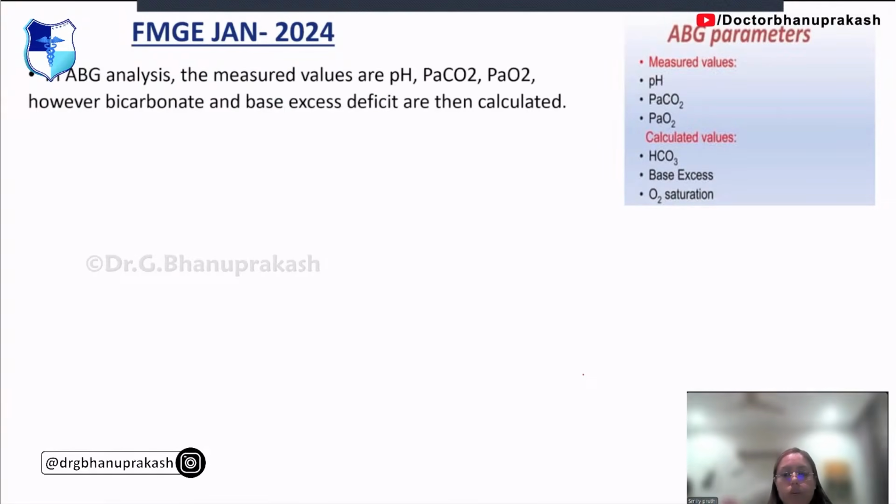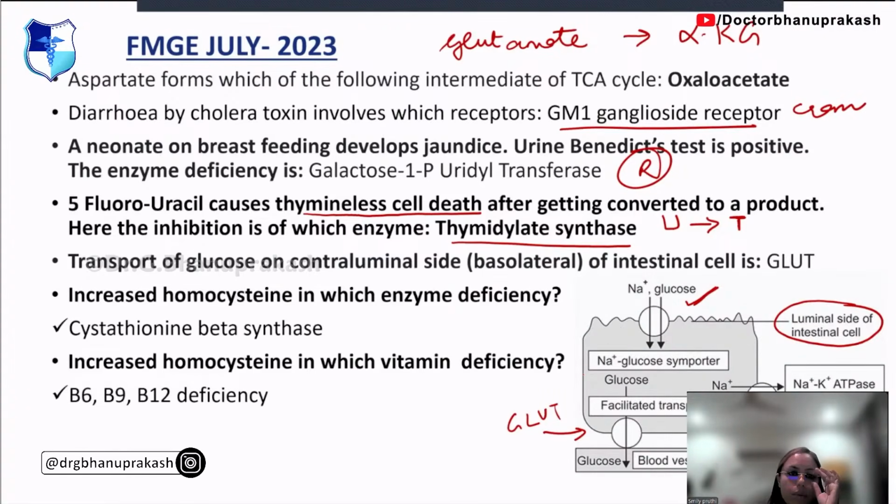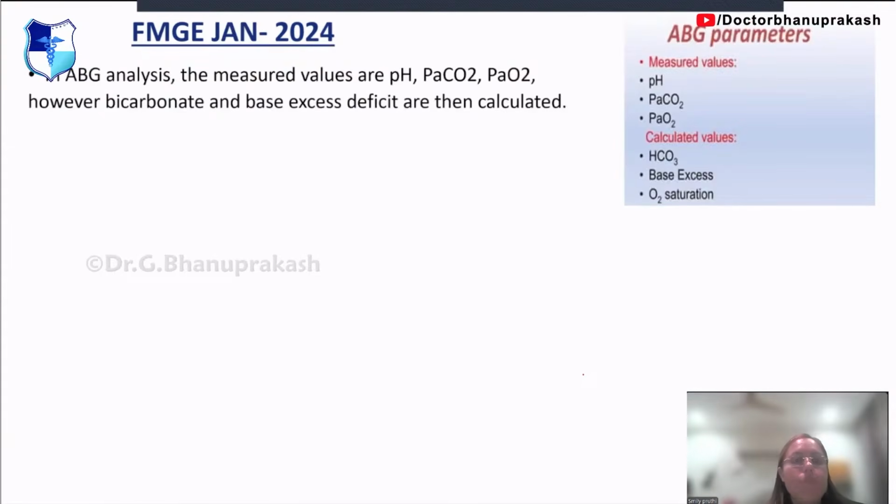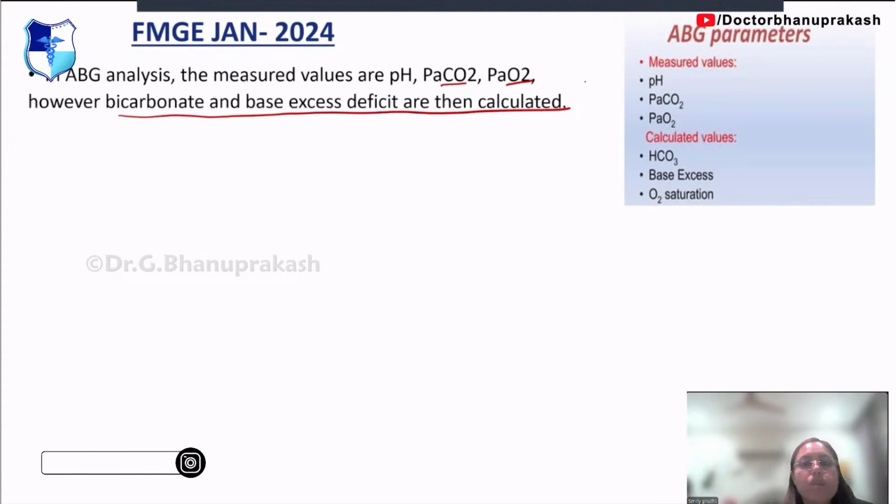Then FMG January 24 paper. In arterial blood gas analysis, the measured values are pH, partial pressure of carbon dioxide, partial pressure of oxygen. However, bicarbonate and base excess deficit are calculated.